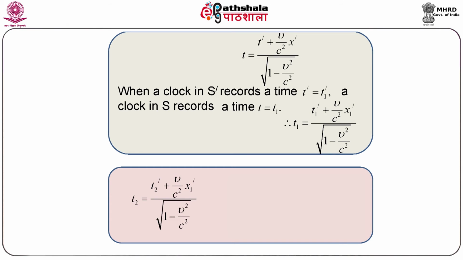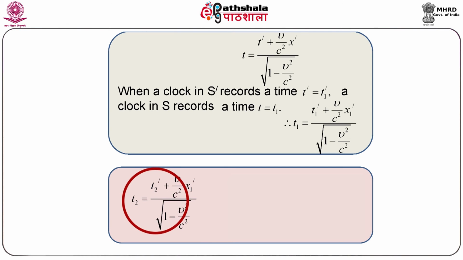Similarly, when a clock in S dash records a time t dash equal to t2 dash, a clock in S will then record a time t equal to t2, where t2 and t2 dash are connected by t2 equal to t2 dash plus v divided by c square into x1 dash, divided by square root of 1 minus v square by c square.